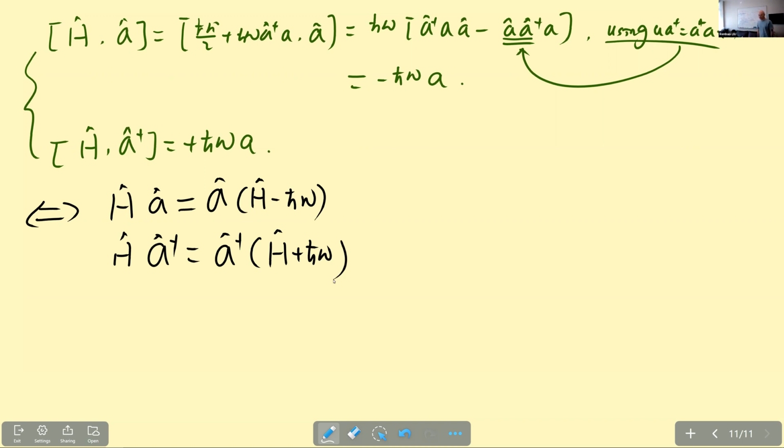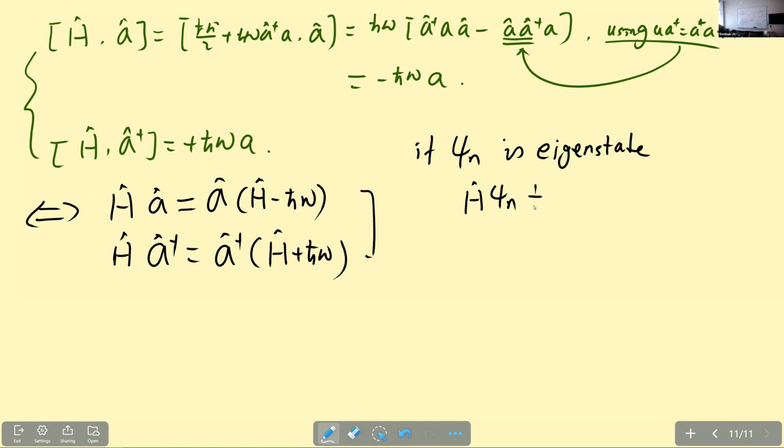Okay, so this gives us a very interesting result. And from this one you can see that suppose I have a state psi_m. If psi_m is an eigenstate, and we don't know what it is, we don't know what its energy is, but we can write down H psi_m equals E_m psi_m, right? And then we can say that then this one is also an eigenstate.